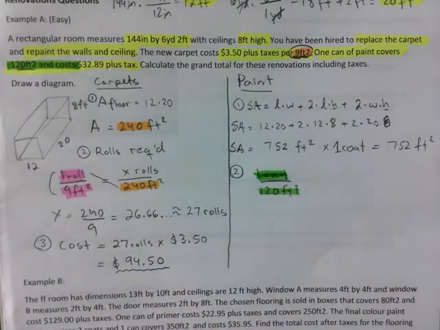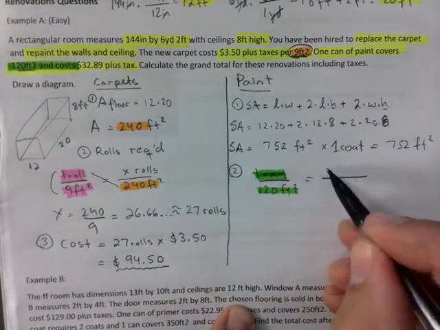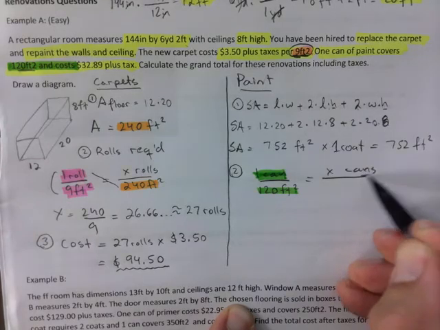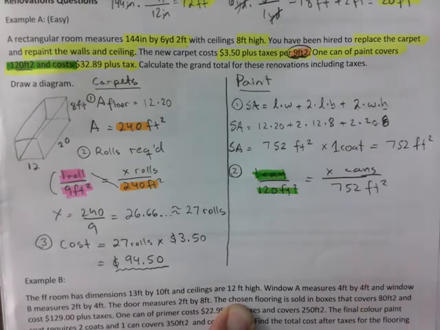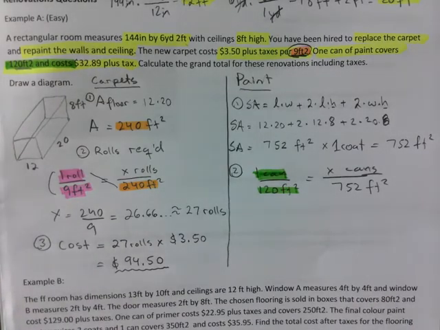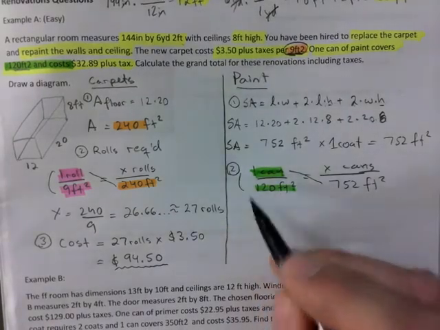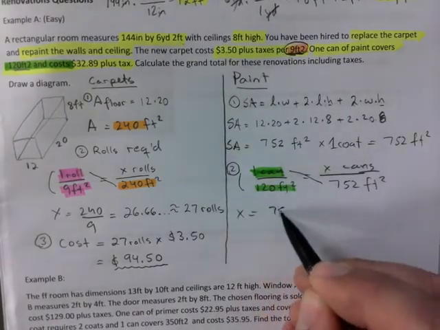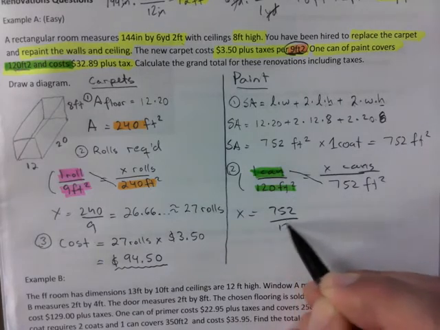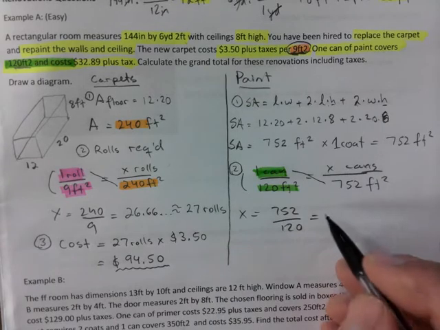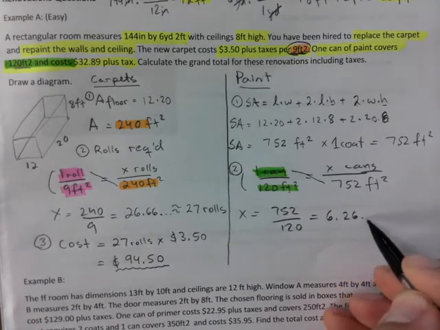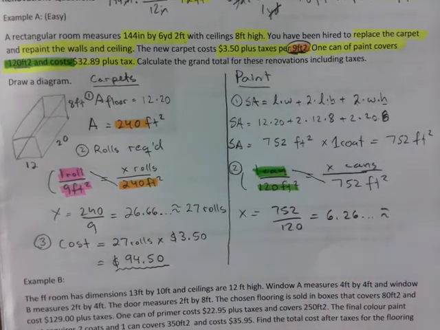So there's that one can, and then X number of cans is going to be required to paint 752 square feet worth of walls, right? Cross multiply and divide. X is 752 times 1 divided by 120. I'm going by the key here, otherwise it takes a little bit too long. I need approximately 7 cans, right?